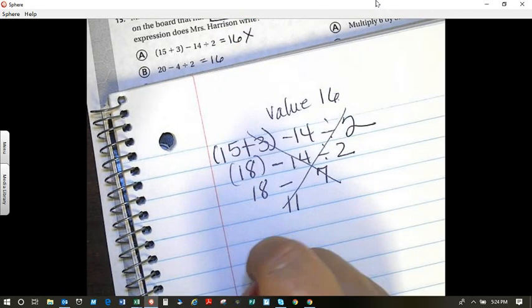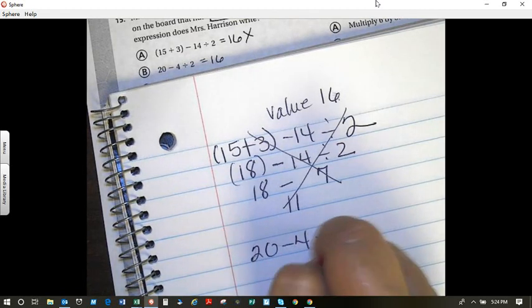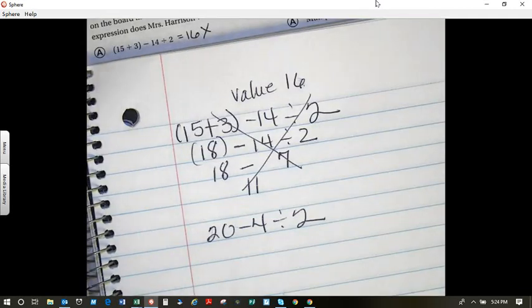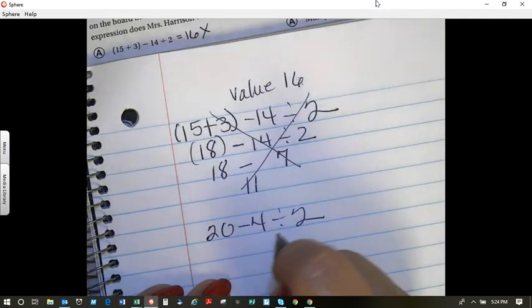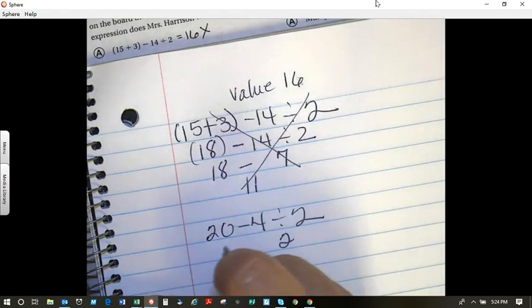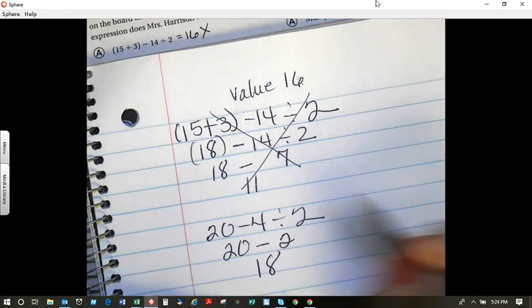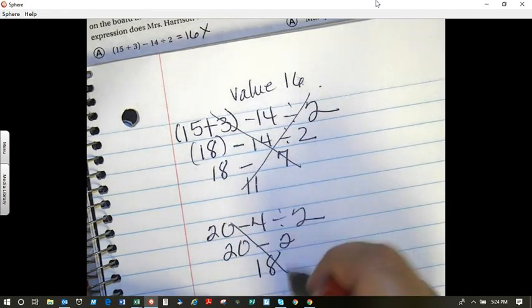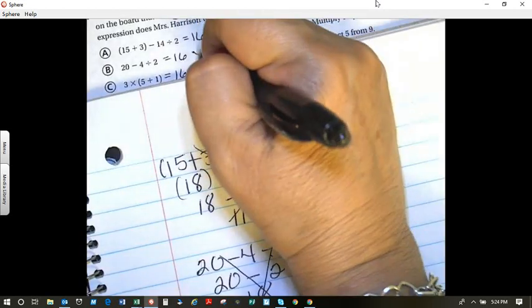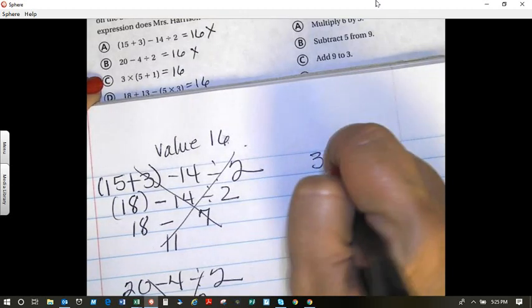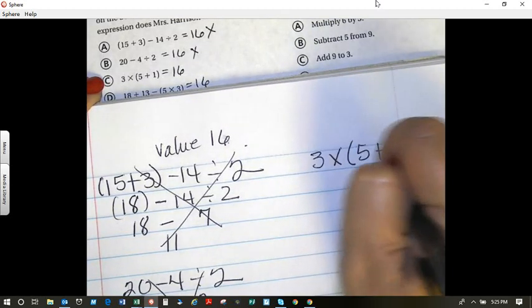Next, I'm going to do 20 minus 4 divided by 2. Okay, I don't have any groupings, so I go to multiplication or division. I do have a division here. 4 divided by 2 is 2. Bring down my 20. 20 minus 2 is 18. Well, that doesn't give me a value of 16, so I'm going to cross that out. The next one, I've got to be real careful. 3 times parentheses 5 plus 1.